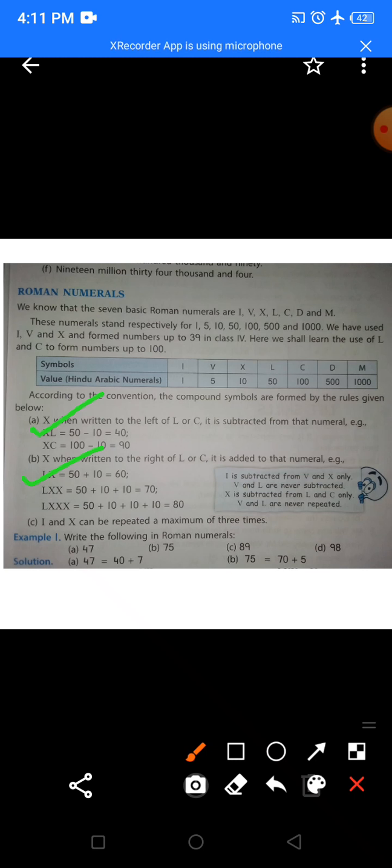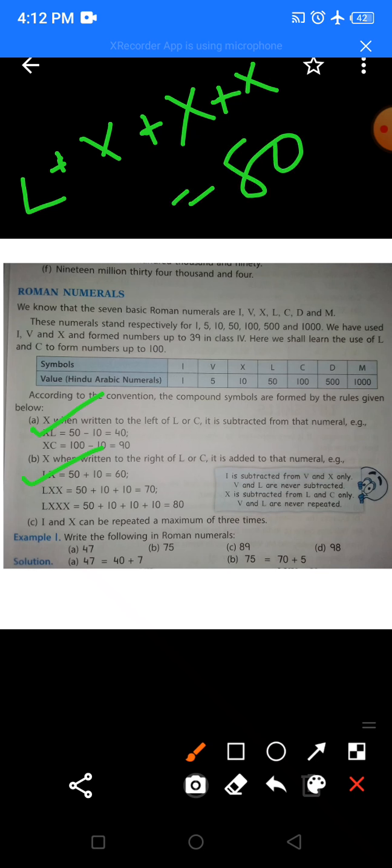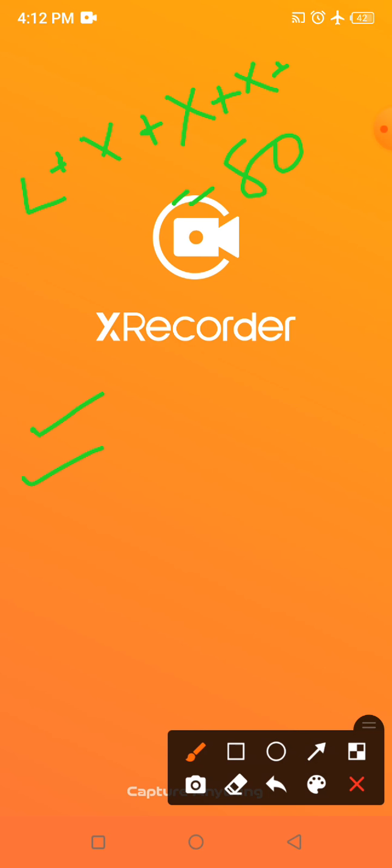Now you can see the third rule: 1 and 10 can be repeated a maximum of 3 times. That means you can only write like this. This is the maximum that you can use. That means 80 is the maximum that you can go, because after that you cannot repeat 10. Then how will you write 90, children? You cannot put one more 10 here and just start writing it.